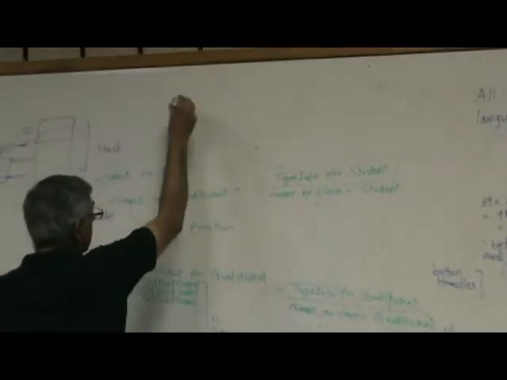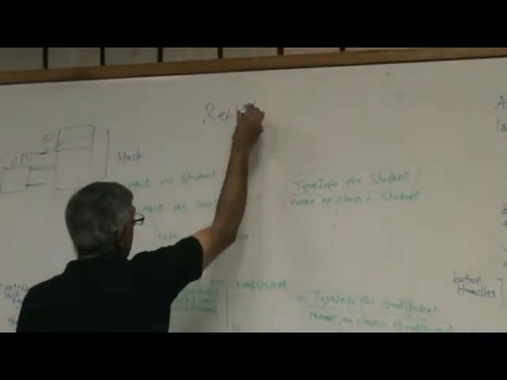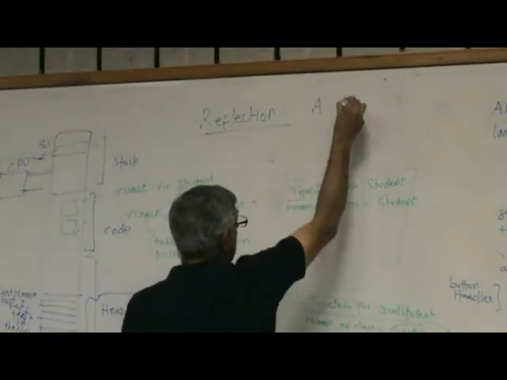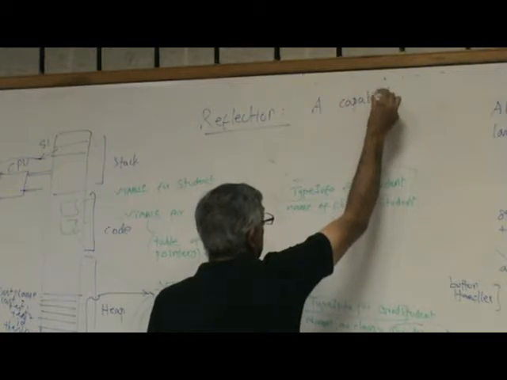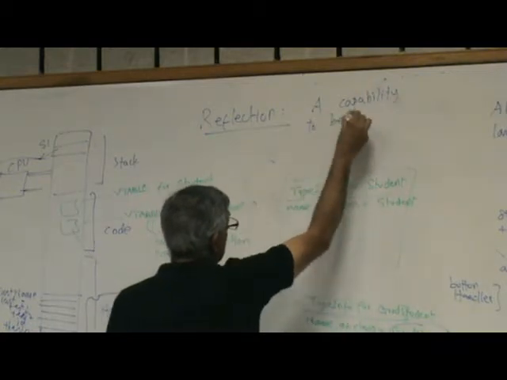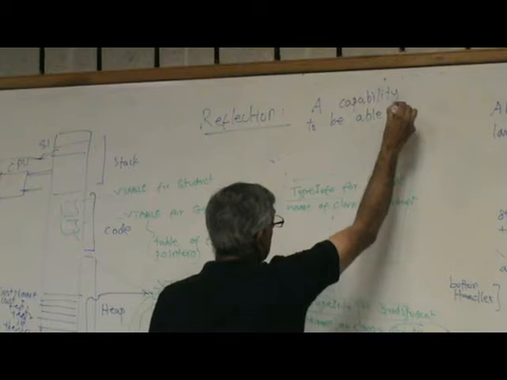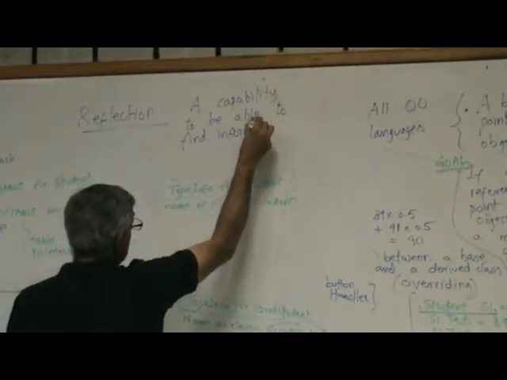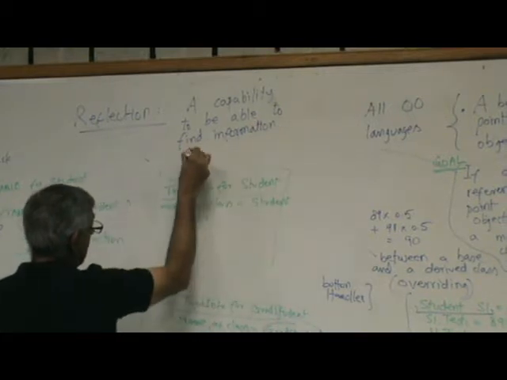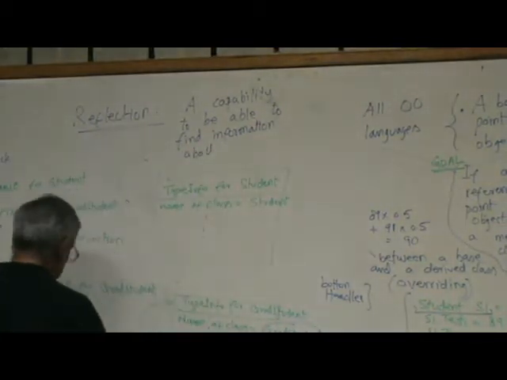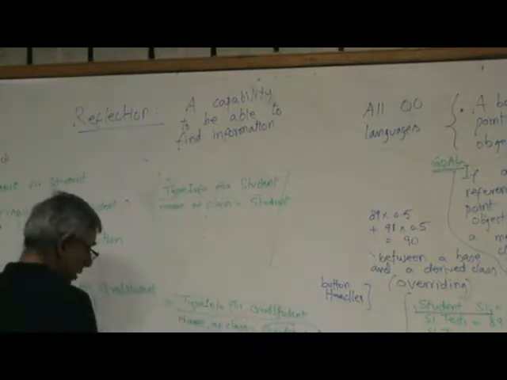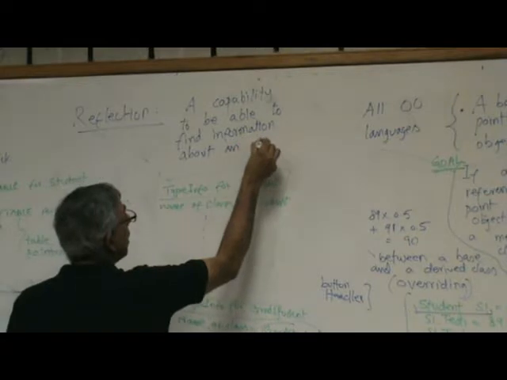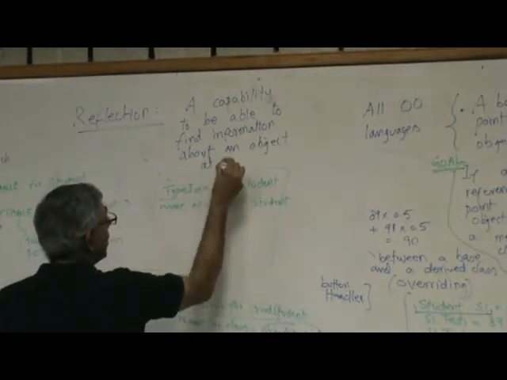Okay, so now let me introduce another concept, okay, called reflection. So reflection is basically a capability to be able to find information about an object at runtime.